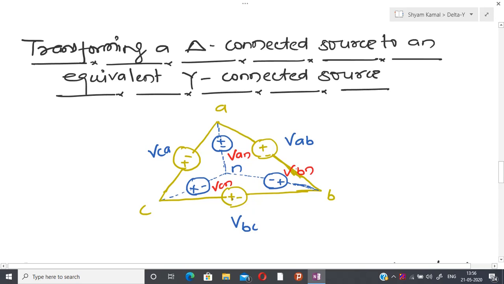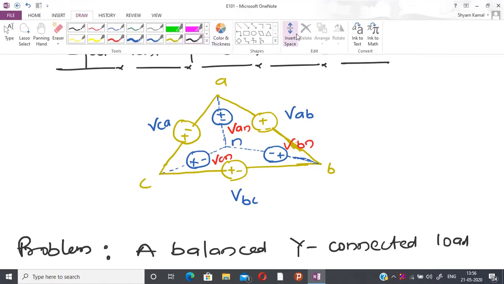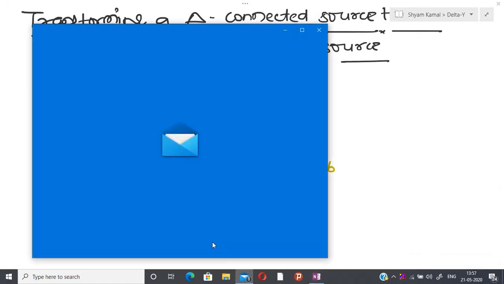Same as the first, whenever I started the Y to Y connection, at that time what we found is that line to line voltage of Y connected source leads their corresponding phase voltages by 30 degree. So using that kind of result, I am able to establish all the other voltages. I am going to take the help of the Y to Y connection result.